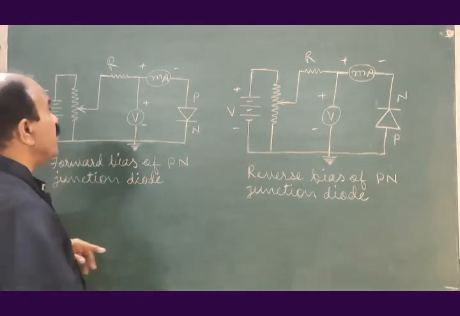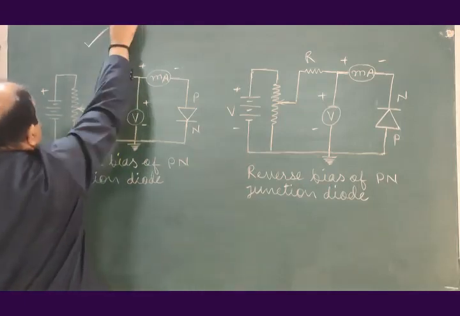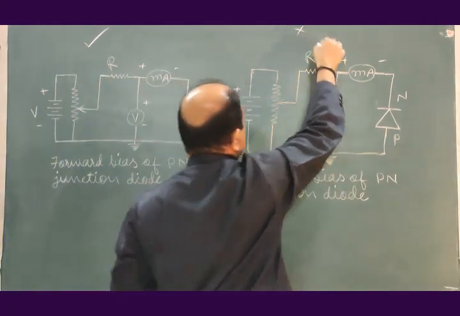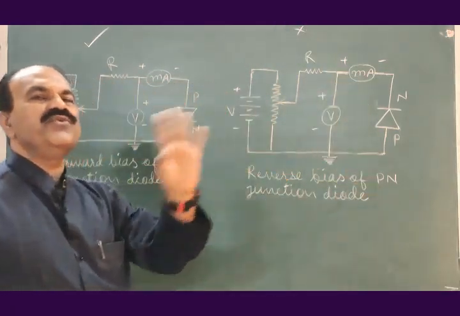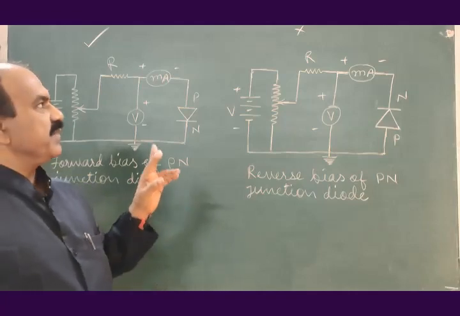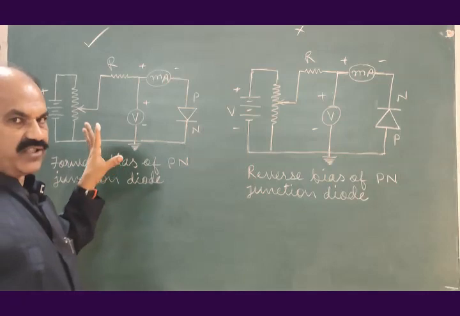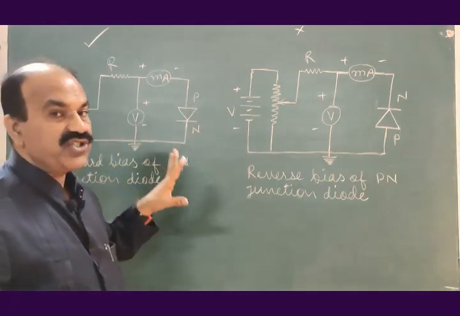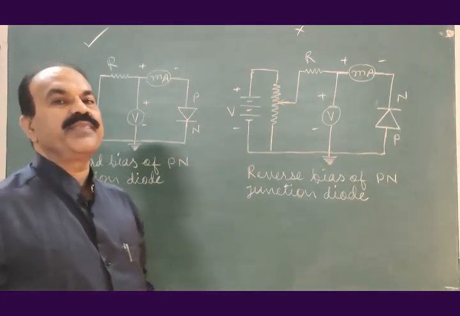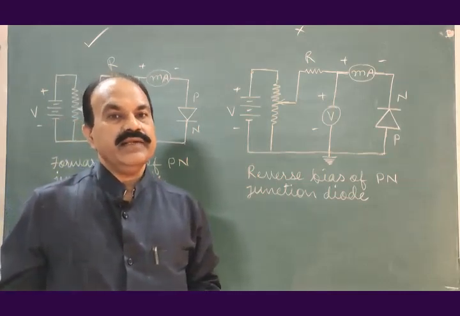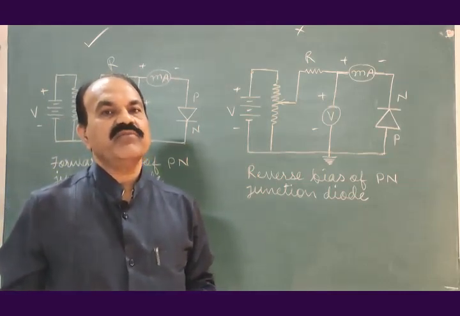The p-n junction diode is always used in forward bias. It is never used in reverse bias. The p-n junction diode is always used in forward bias because it is beneficial for us to use it in forward bias.